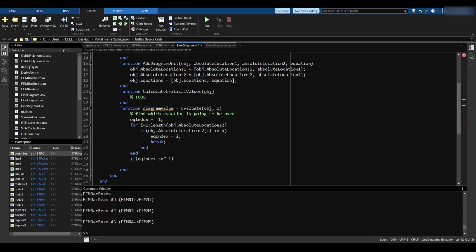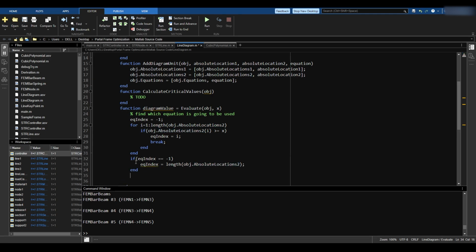Or you know what? Let's make a fail-safe mechanism. Although I should throw an error, let's make a fail-safe mechanism. So here, if equation index was indeed -1, I didn't find it, then I will make equation index equal the length of object.absolute locations 2. So I'm going to basically take the last equation.